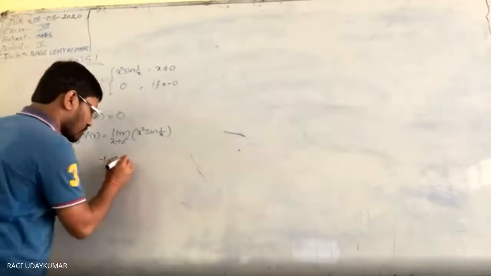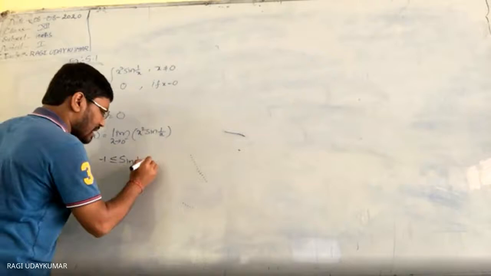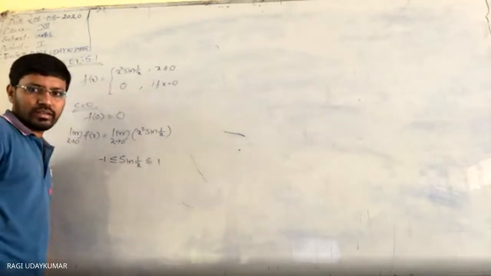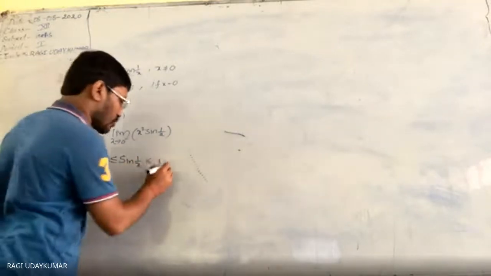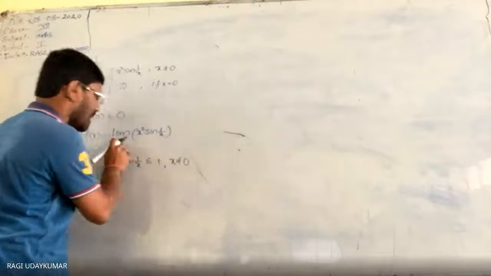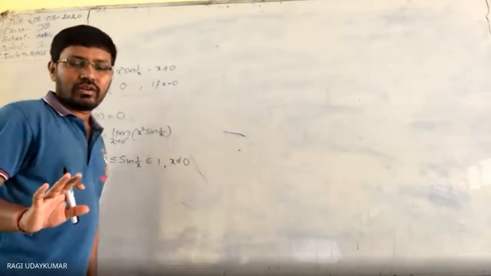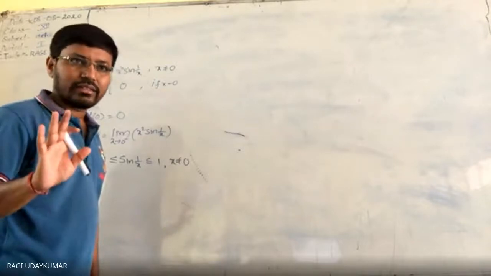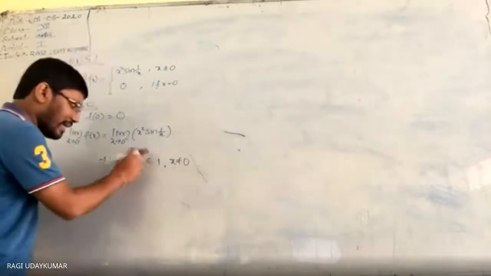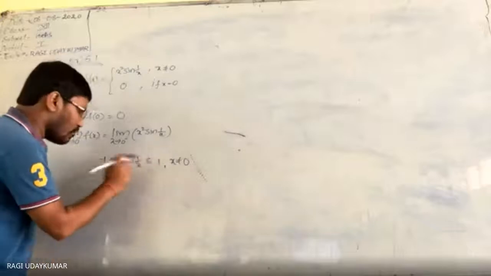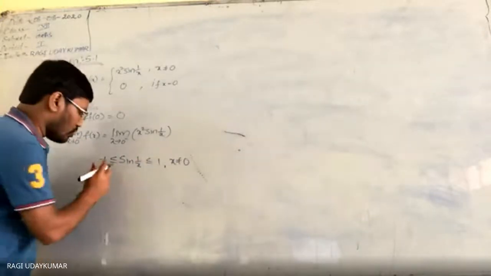Minus 1 is less than or equal to sine 1 by x, which is less than or equal to 1, if x is not equal to 0. Here x is not equal to 0, but it is approaching 0. Is it clear? So that's why you take this into consideration and multiply by x square on all three sides.